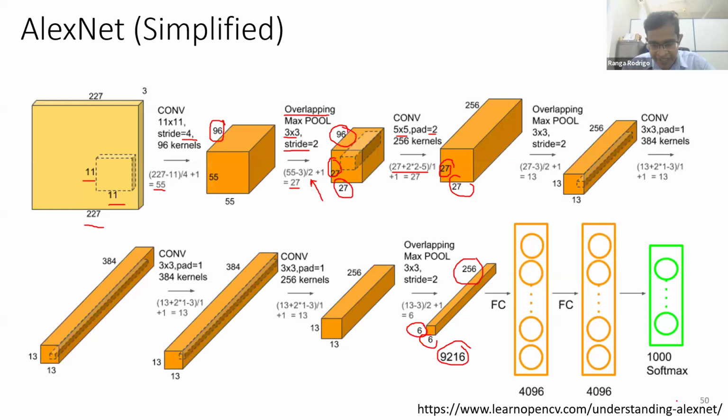Those nodes you fully connect to 4096. Those also you fully connect to 4096. And then finally 1000, because there are 1000 classes. And then you apply softmax on that, raising to e to the power and dividing by the sum of e to the powers.